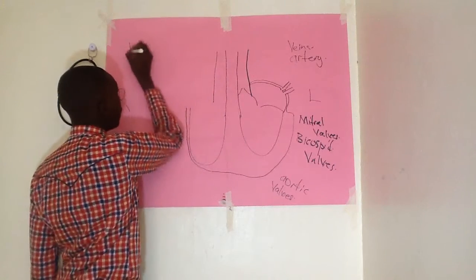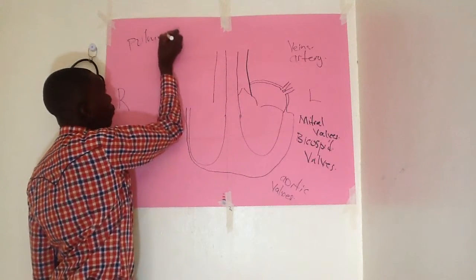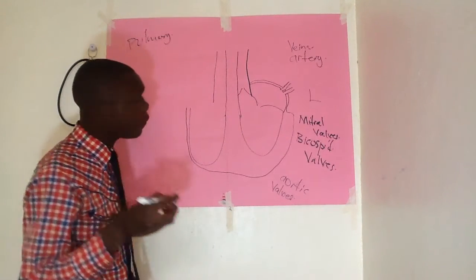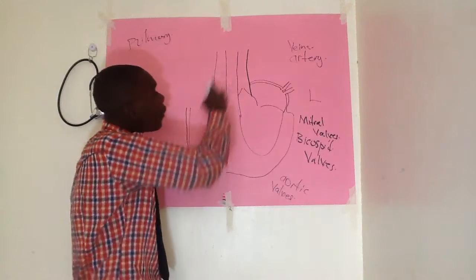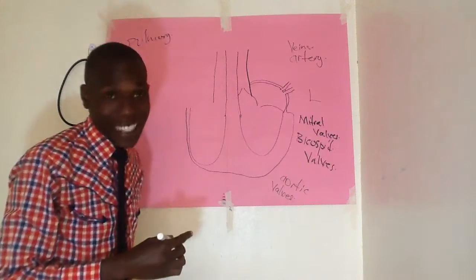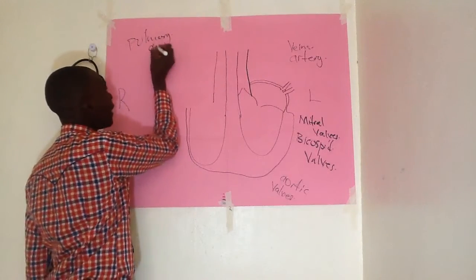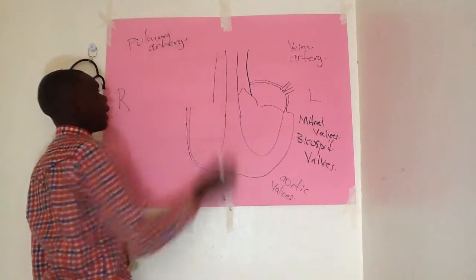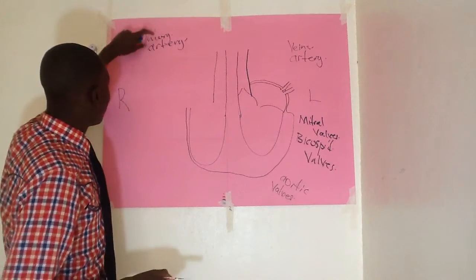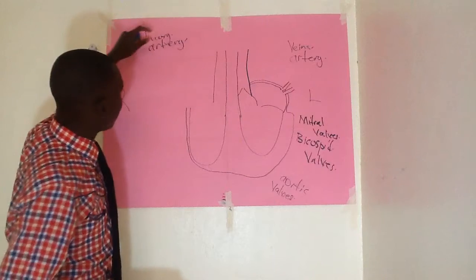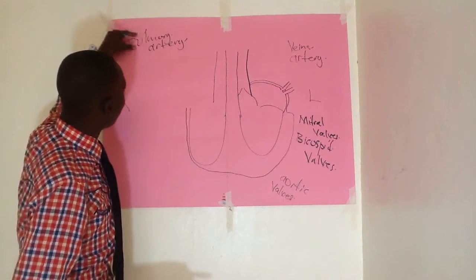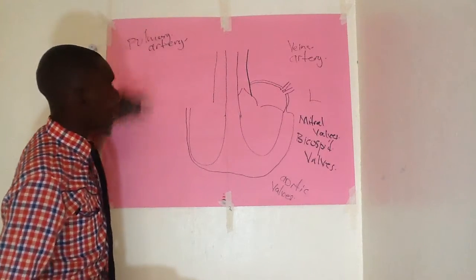But it is carrying blood away from the heart to the lungs, so it means it's called an artery. So we shall say pulmonary artery: an artery carrying blood away from the heart to the lungs.